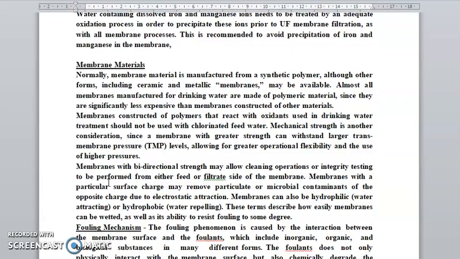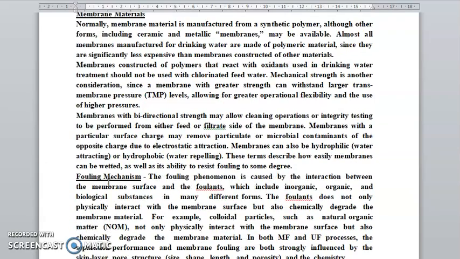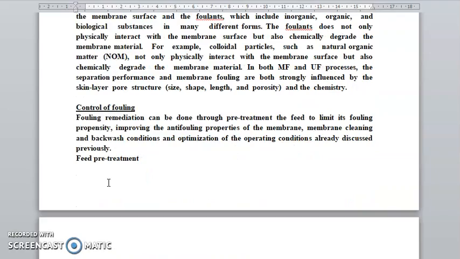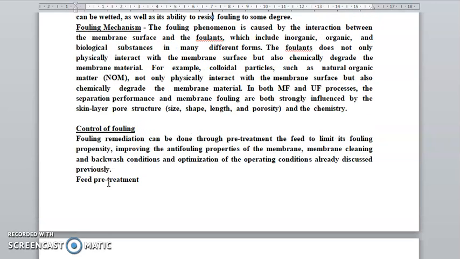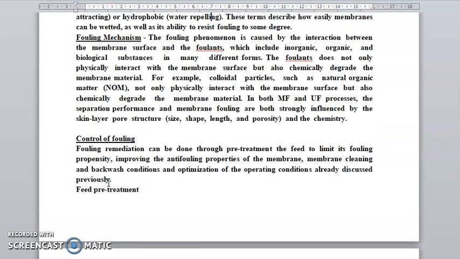Now we go to the fouling mechanism. Fouling is a phenomenon caused by the interaction between the membrane surface and foulants, which include inorganic, organic, and biological substances in many different forms.